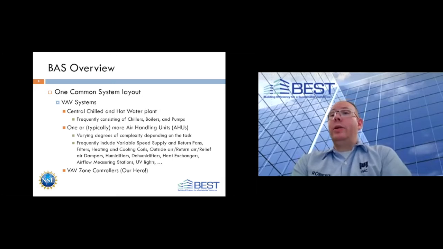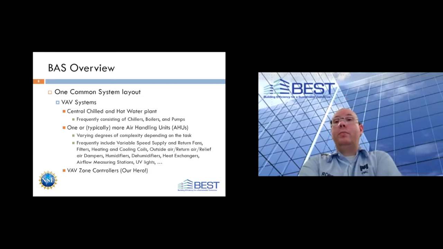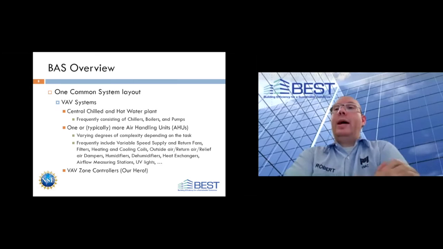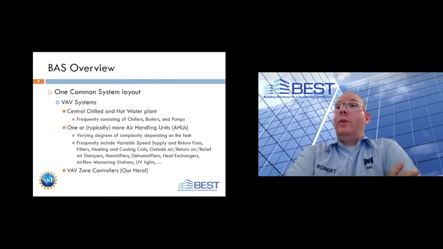They may also include systems like humidifiers or dehumidifiers. Desiccant wheels are common in our area of the Midwest, or my area of the Midwest. Heat exchangers, which can be a combination of dehumidification and energy savings, so that in the air that we're exhausting from the building, we're trying to pull out as much of that energy that we placed into that as possible.